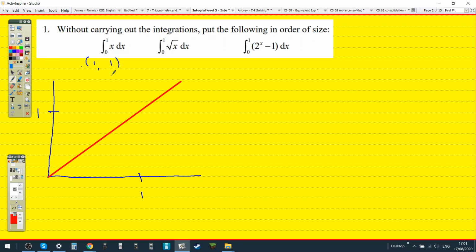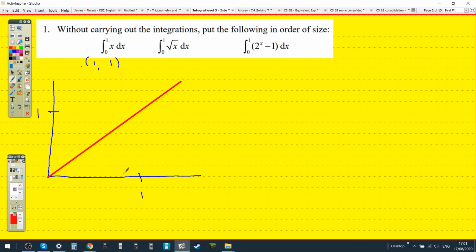Okay, so how about the second graph? Root x. Would it be an exponential graph? The square root one? Yeah. And do you know what it will look like? Not really.